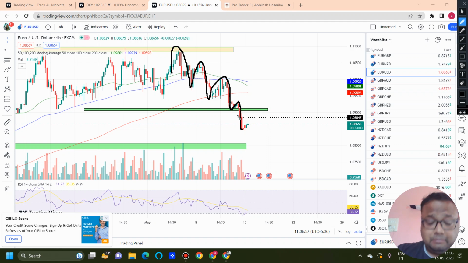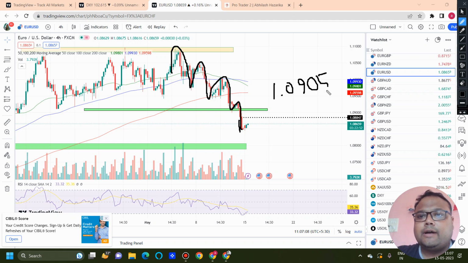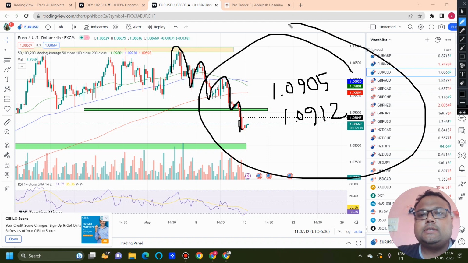So where are the sellers located, or resistance? As we have already discussed on Saturday, 1.0905 to 1.0912 is the strongest resistance on the chart of Euro USD, where we can expect the market to face some selling pressure.